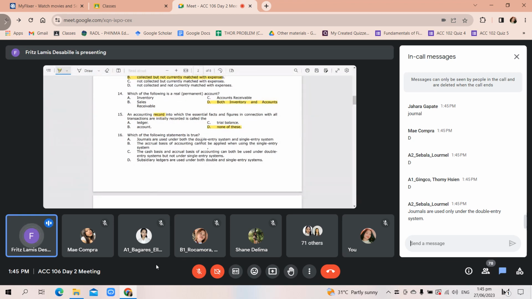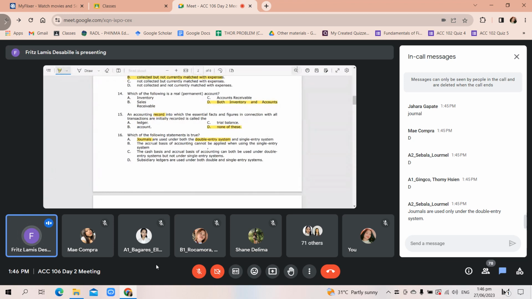Journals contain both a debit and a credit, and this is only applicable under the double entry system, which contains at least one debit and at least one credit. Ang single entry system, makita lang siya ninyo sa kanang mga tindahan nga gamay ba, nga kanang listahan lang. Kung naa siya binta, okay, lista, binta. So wala siya debit, wala siya credit.